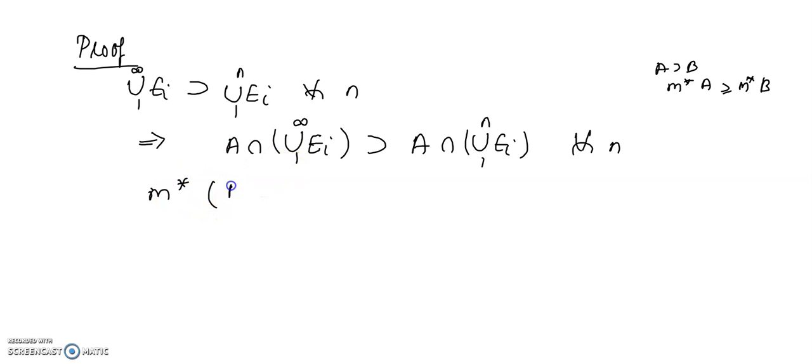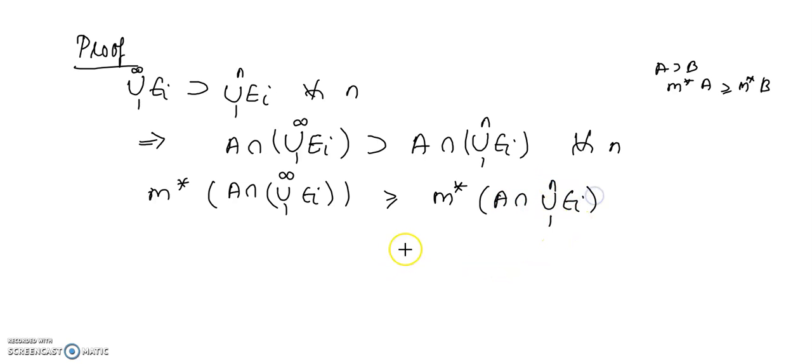Therefore, m star of A intersection union 1 to infinity Ei will be greater than or equal to m star of A intersection union 1 to n Ei. Now, this is equal to m star of union 1 to n A intersection Ei.